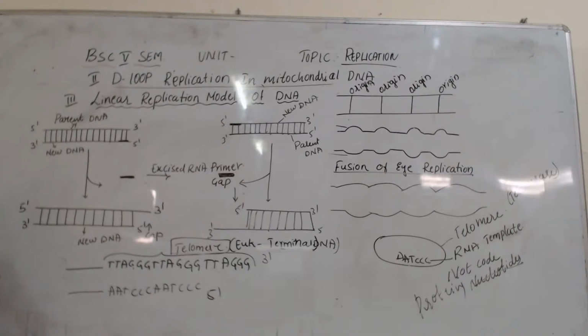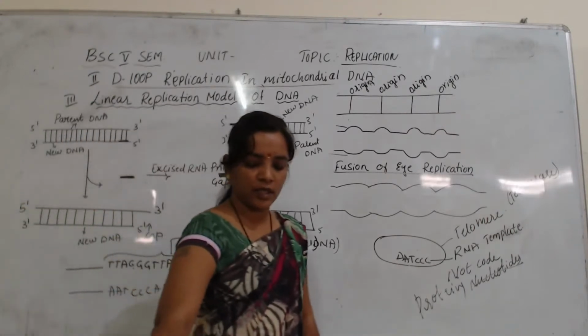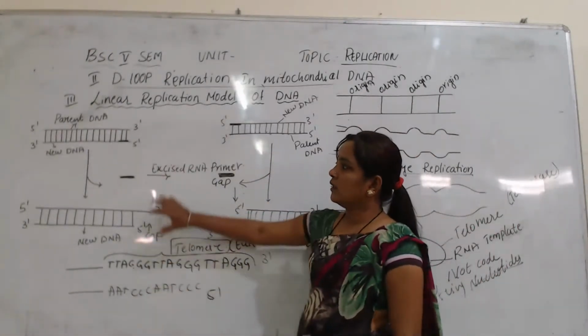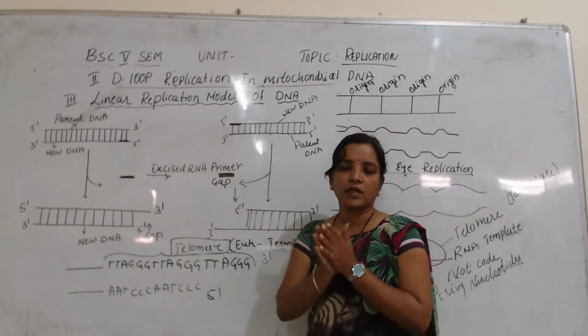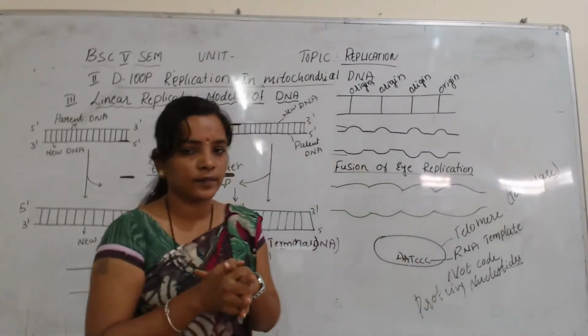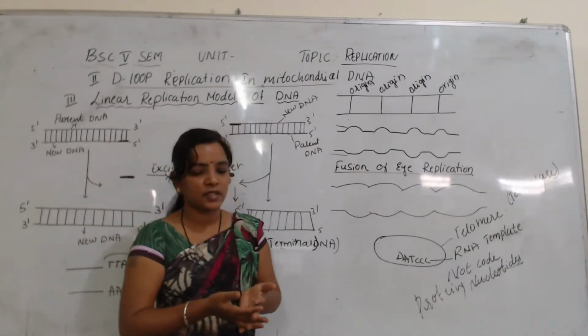In this class, in prokaryotes, the types of DNA replication models you have studied, including the linear replication model. In the next class we will start with eukaryotes. We need some time for the representation.